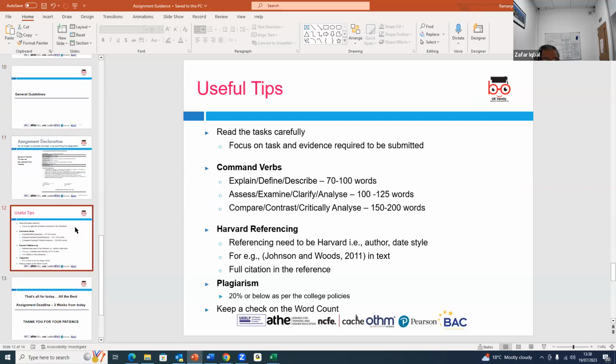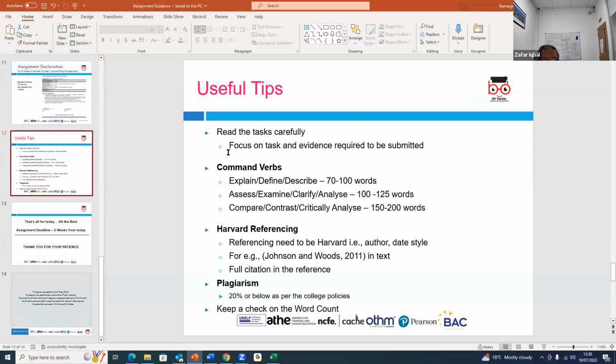All right. Look at the verbs when you are writing an assignment. Make sure that you read the tasks very carefully. Focus on the task and evidence that's been asked. Look at the command verbs.